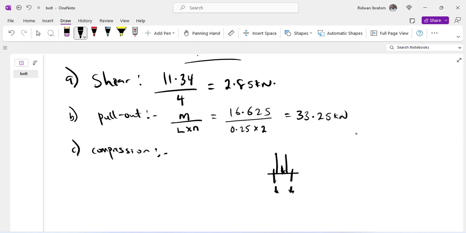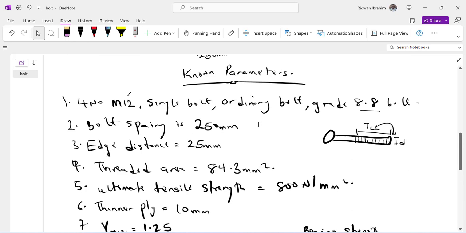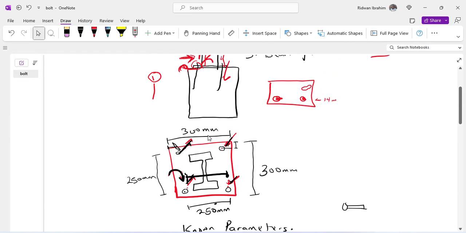I don't know if that is clear. What is the axial force from the column? The axial force is 83.04, and that force will be compressing the 4 bolts downward. If you look at it from the plan, the load from the column will be compressing down this base plate and compressing down the 4 bolts together. So these 4 bolts will be in compression altogether.